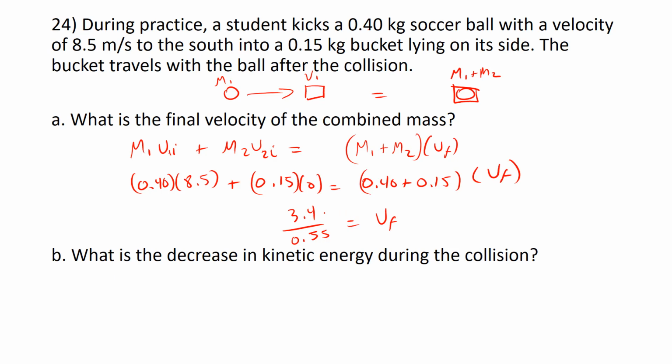So we expect it to be going slower. Let's find out how slow. So divided by 0.55, and we get a final velocity equals 6.18 meters per second. So it's sharing its momentum with the bucket, so therefore it's going to be less, which is what was expected. What is the decrease in kinetic energy during the collision?